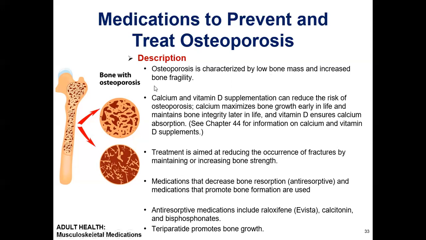So, my friend, the picture is here, you can see the two bones, right? Bones with osteoporosis show structural bone loss. Basically, osteoporosis is usually a disease of advanced age.